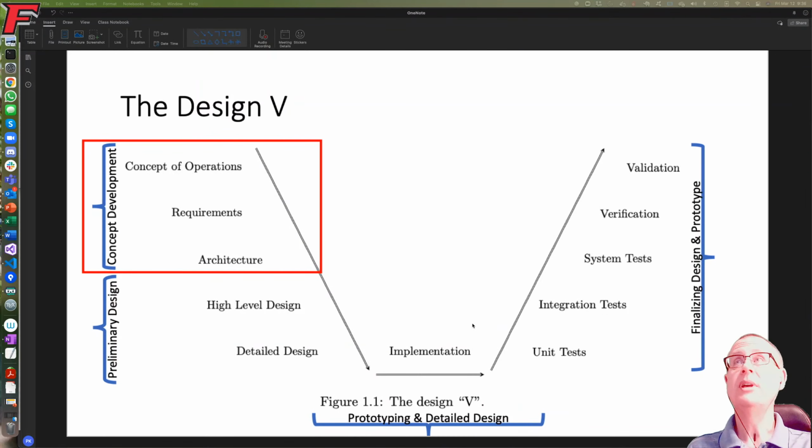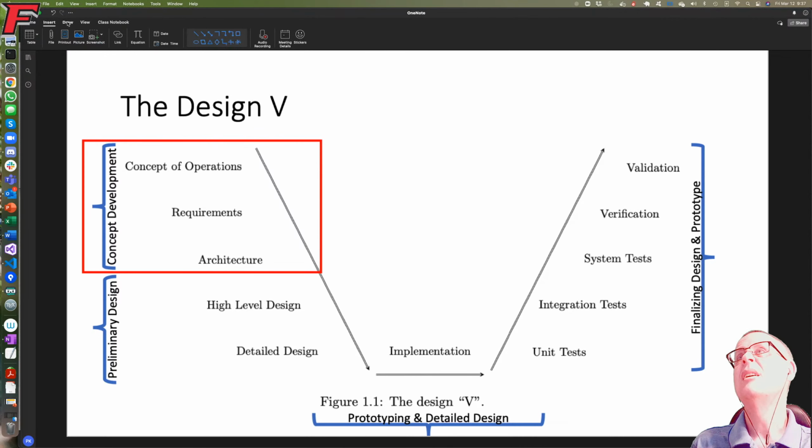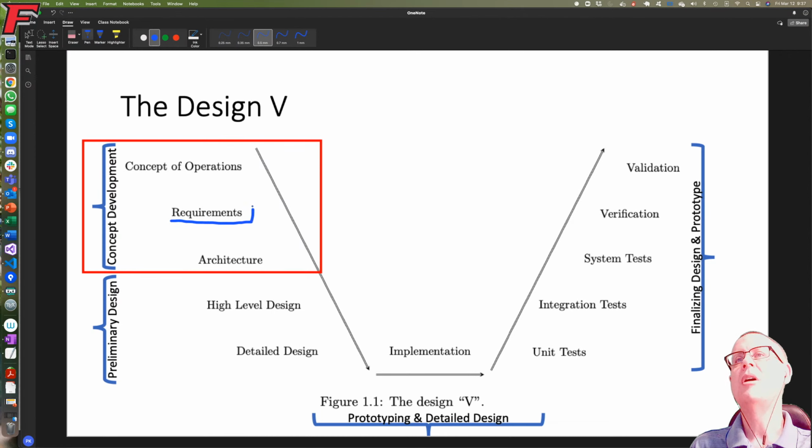So the piece we really need to do next is we really need to get the requirements down, and that's what the proposal is about, right? The project proposal.